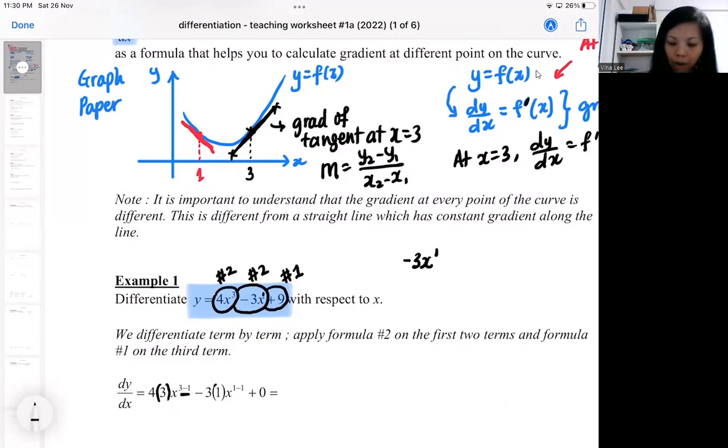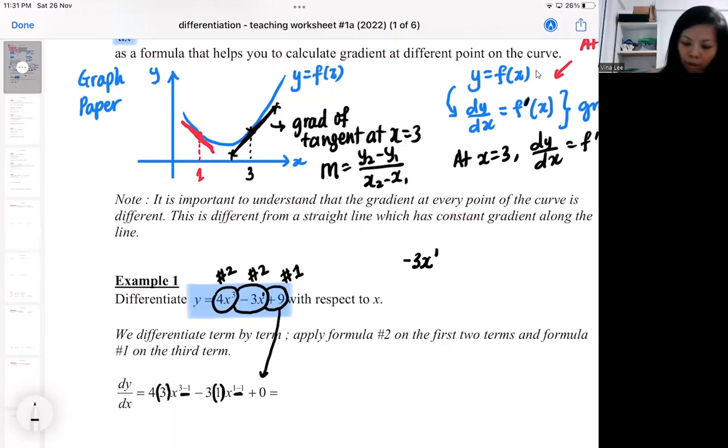When you apply formula number 2, you bring down 1 as the power, and you will subtract the power. If you are wondering, every time I subtract the power, is it always a subtraction of 1? Yes. When I say minus power, it's always subtract 1. We do not subtract more than 1. And then the last one, if I differentiate 9, I will get 0.